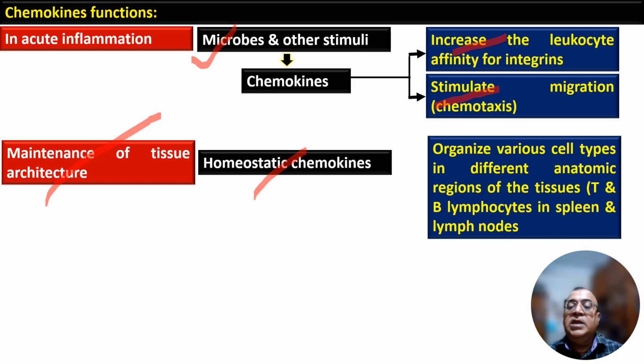The homeostatic chemokines organize various cell types in different anatomic regions of the tissue. T and B lymphocytes in the spleen and lymph node is one example of how these cells are arranged in a specific area of the organ.